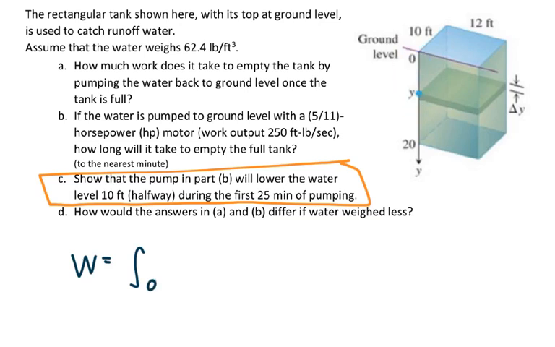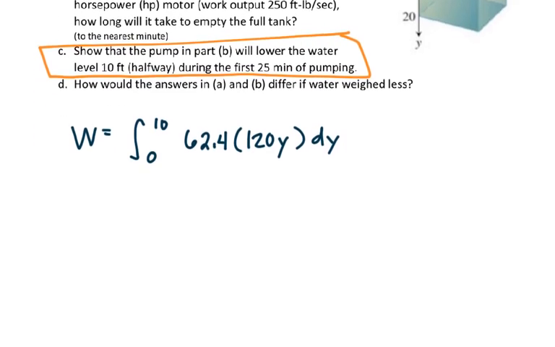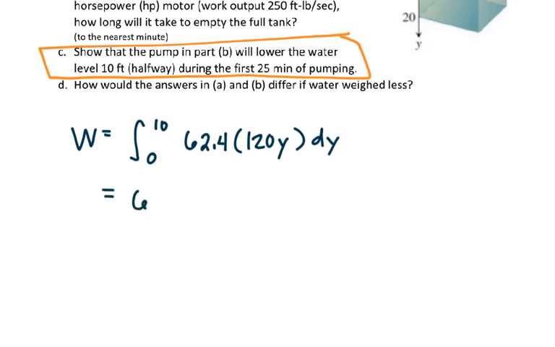So we've got 0 to 10, and the way I had my integral set up was 62.4 times 120y dy. And this, of course, is 62.4 times 120 over 2 y squared evaluated between 10 and 0. The 0 is going to go away, so we only need to plug in the 10.